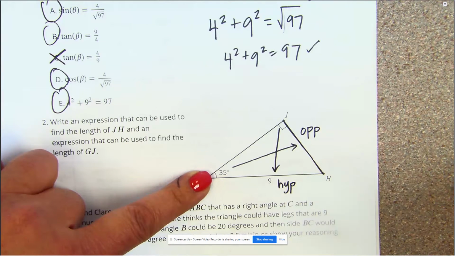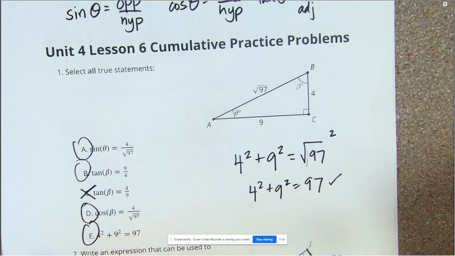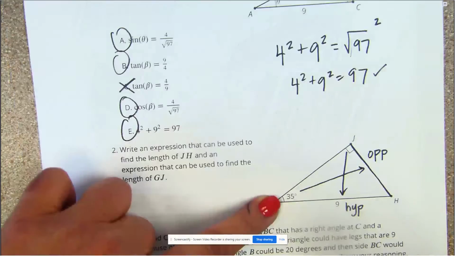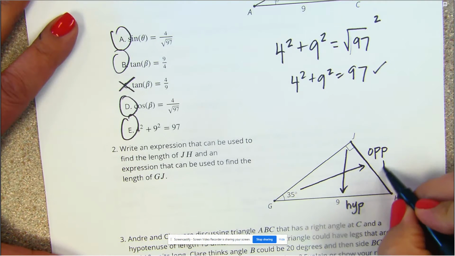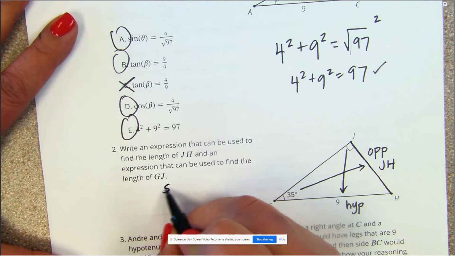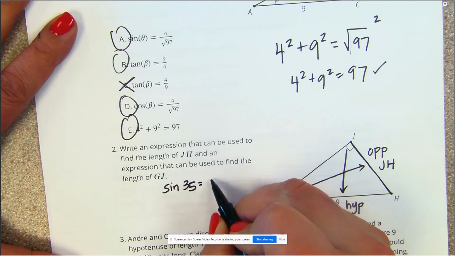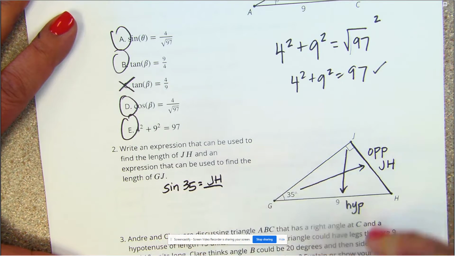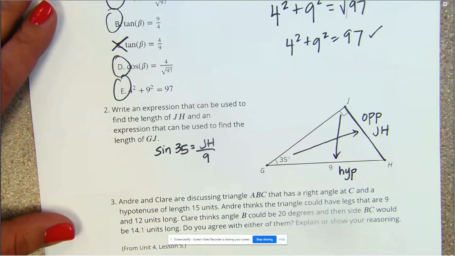Which trig function uses opposite and hypotenuse? Sine. So to find this side, I'm just going to call it JH. The sine of 35 is JH divided by 9.